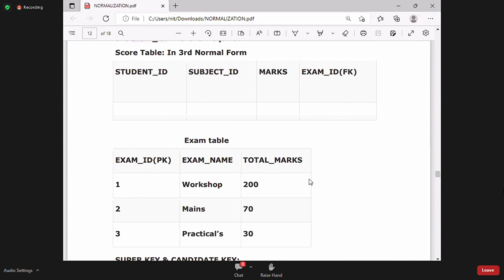It will be a little bit confusing, but remember one thing: normalization techniques are not used by developers. Only designers use them, and only back-end designers, not front-end designers. It's a purely back-end designers' concept. But as per our schedule, I was explaining it to you.